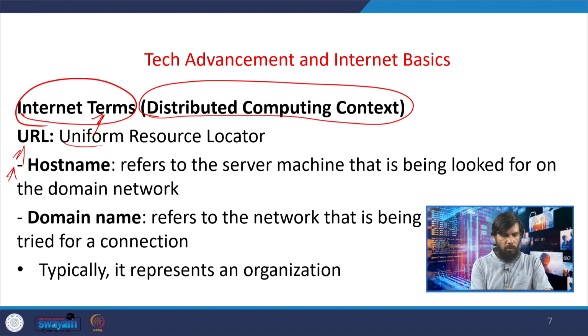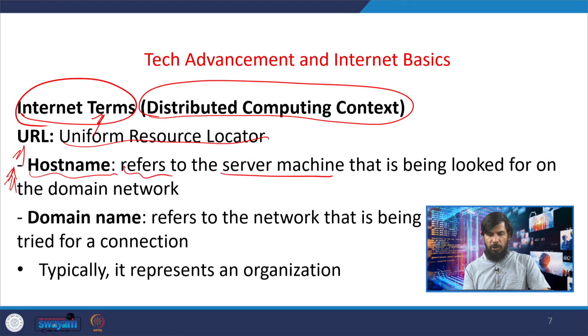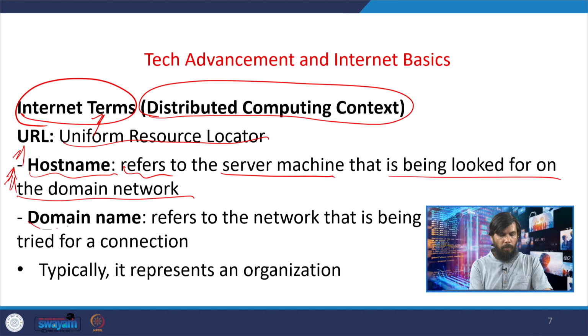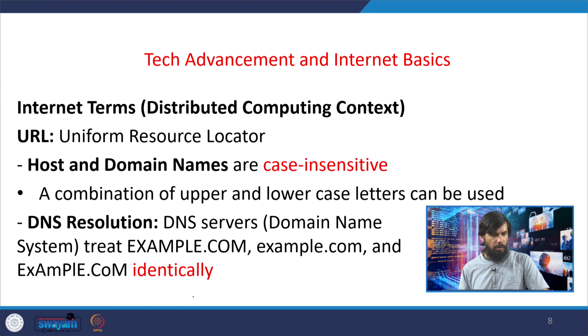So URL is uniform resource locator, as we already discussed. Host name, now we understand what we mean by host name. This refers to the server machine that is being looked for on the domain network, right? And then domain name, that refers to the network that is being tried for a connection, and typically it will represent an organization. So this part also we have discussed.